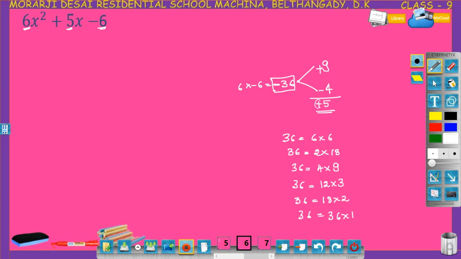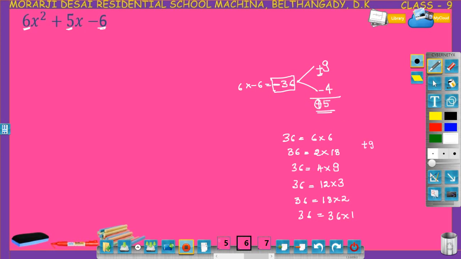Put the sign of this to the first number, that is, to the bigger number. Now see here, plus into minus is minus. 9 4s are 36. So plus 9 into minus 4 is minus 36. Plus 9 minus 4: different signs, subtract. 9 minus 4 is 5. Put the bigger number's sign, that is plus.